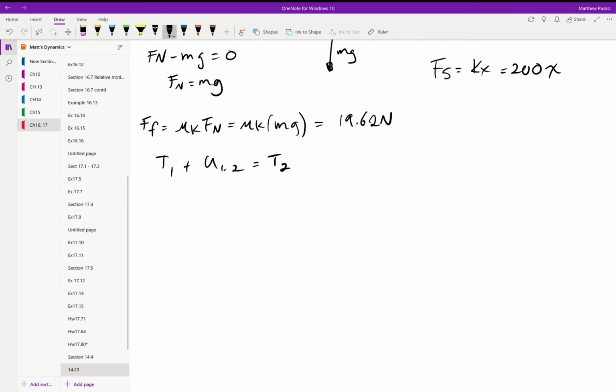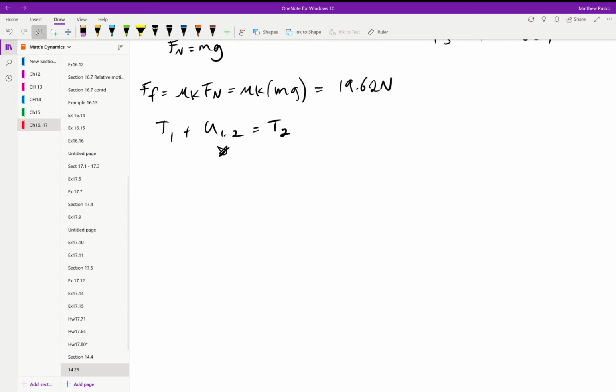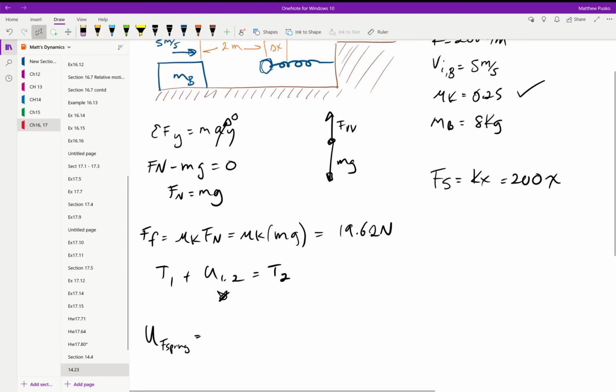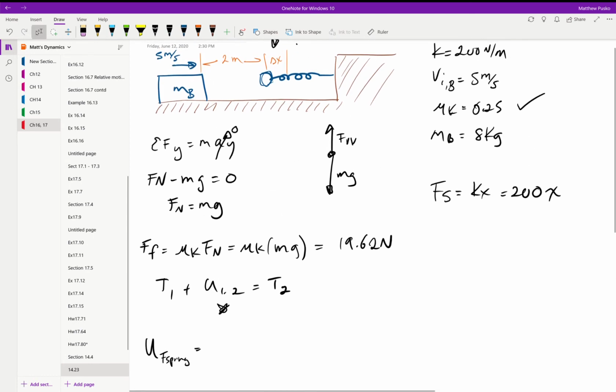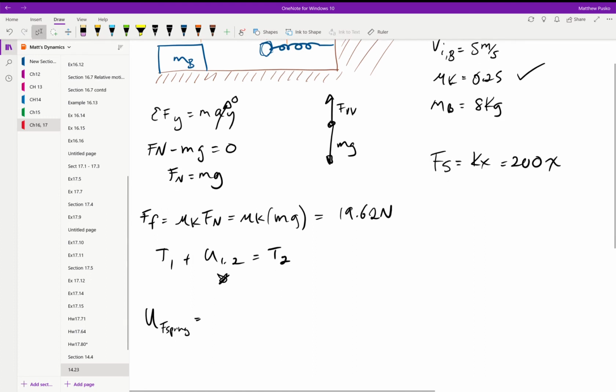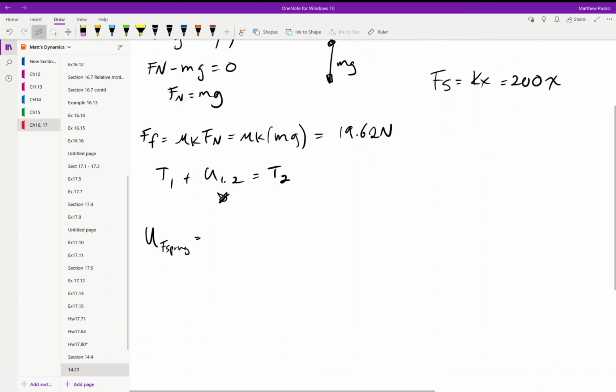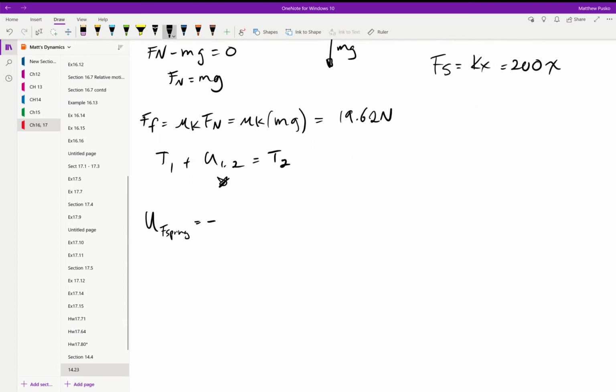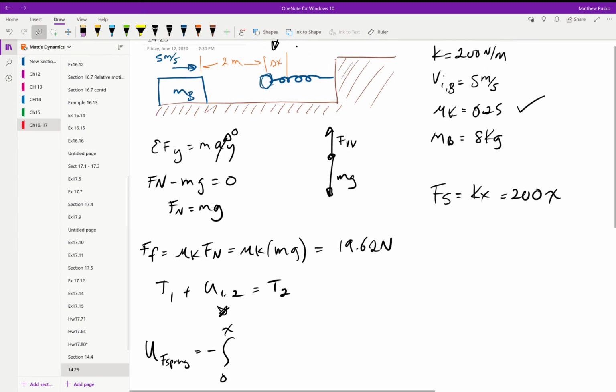But first, let's figure out what these work factors are. We have some work done by that spring force, and it's in the opposite direction of displacement, so it's going to be negative. We integrate from displacement 0 to x.